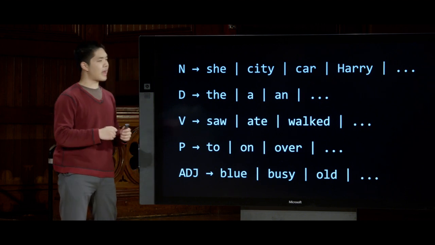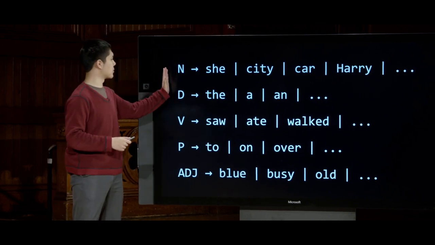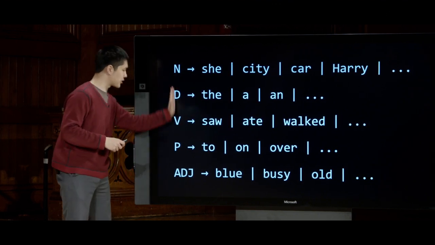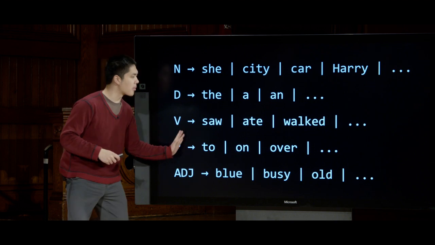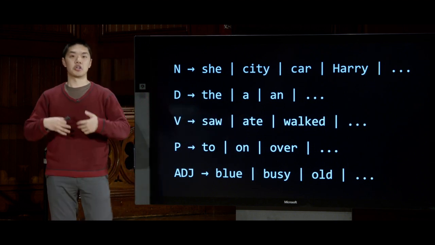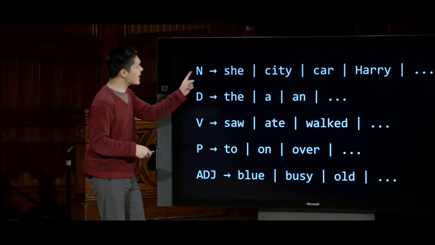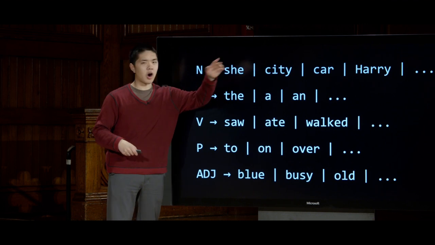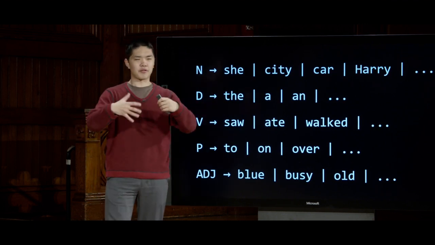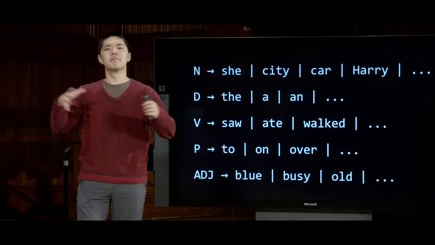But it turns out we can then begin to construct other rules where it's not just one non-terminal translating into one terminal symbol. We're always going to have one non-terminal on the left-hand side of the arrow, but on the right-hand side of the arrow, we could have other things. We could even have other non-terminal symbols. So what do I mean by this? Well, we have the idea of nouns, like she, city, car, Harry, for example. But there are also noun phrases, phrases that work as nouns, that are not just a single word, but that are multiple words, right?